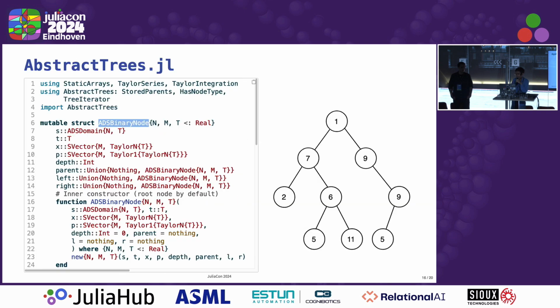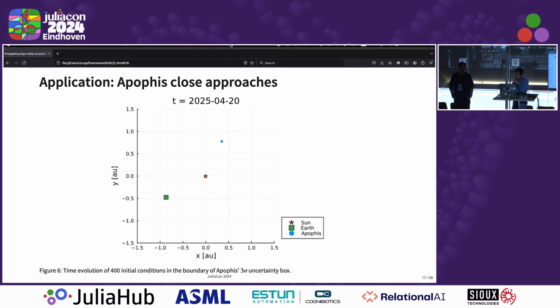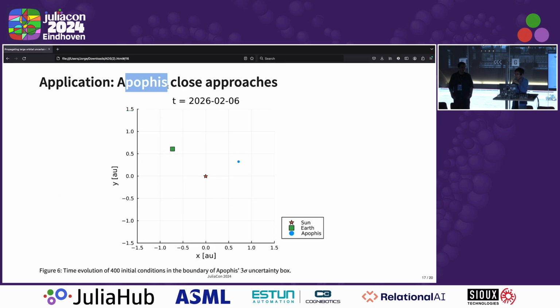Now, perhaps one of the most interesting applications that we have in mind for ADS is to study close approaches between the Earth and some asteroid. In particular, Apophis is a very famous asteroid that will approach our planet in April of 2029. In this animation, we can see the evolution of 400 initial conditions in the boundary of Apophis' current uncertainty box.